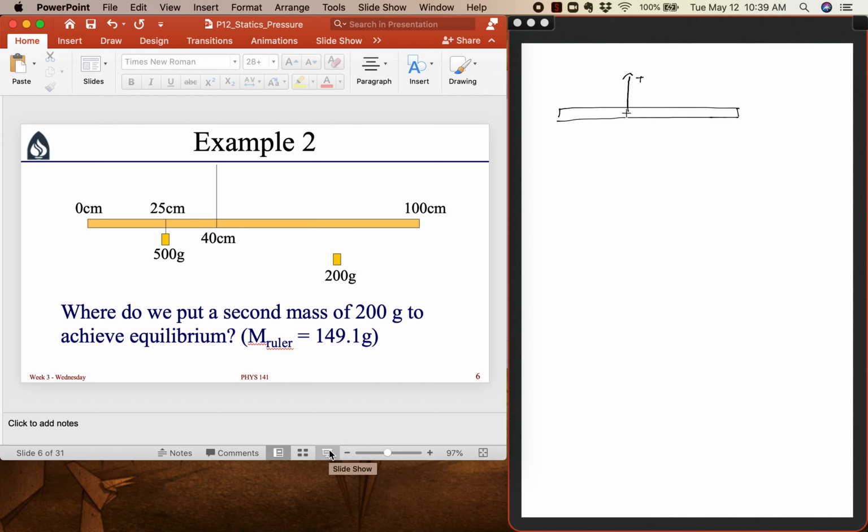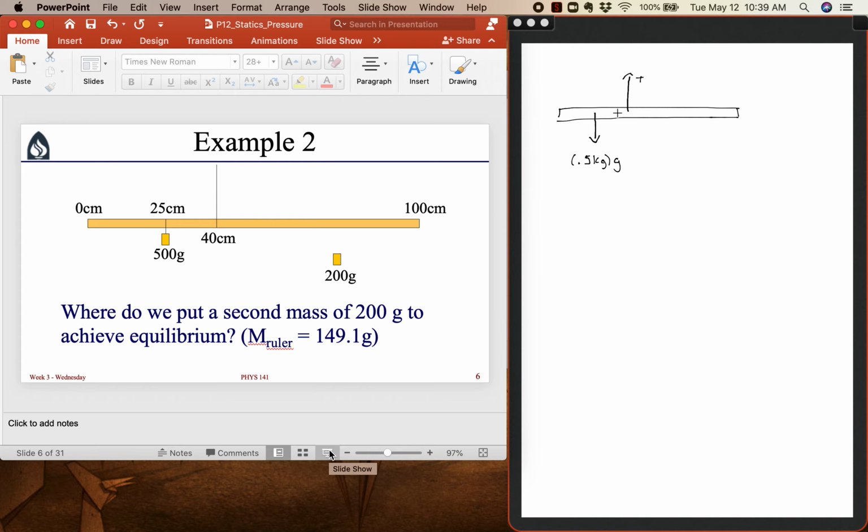We also know that we have this 500 gram weight hanging at the 25 centimeter mark. So this weight will cause a force here, and the amount of force is going to be equal to 0.5 kilograms, so I've just converted the 500 grams to kilograms, times G, times 9.8. That's going to be the weight here.